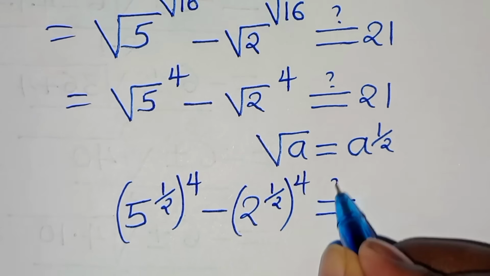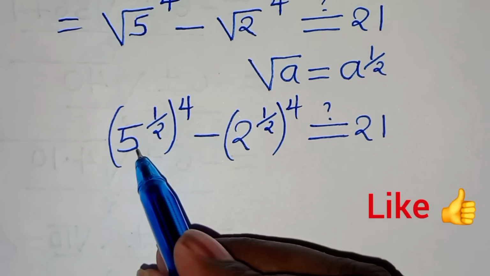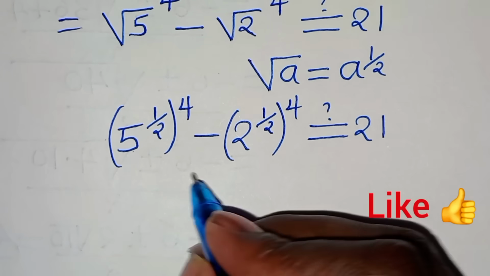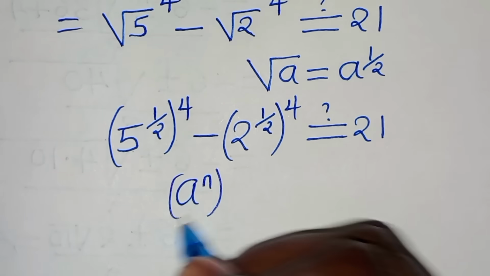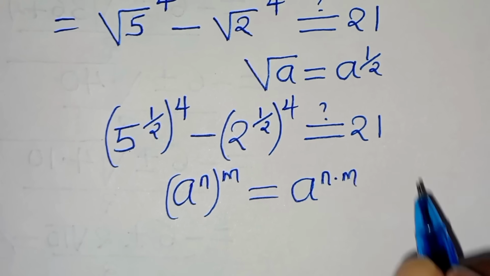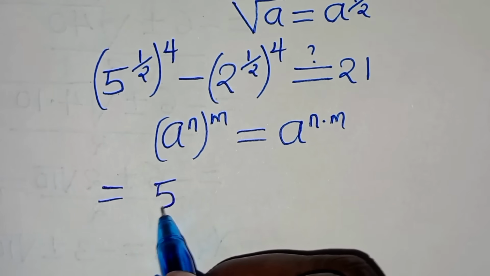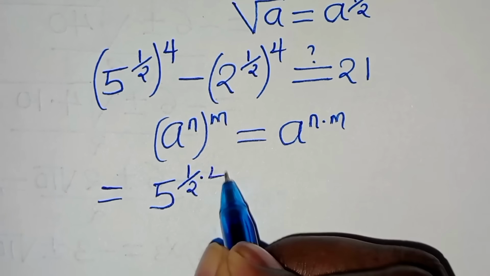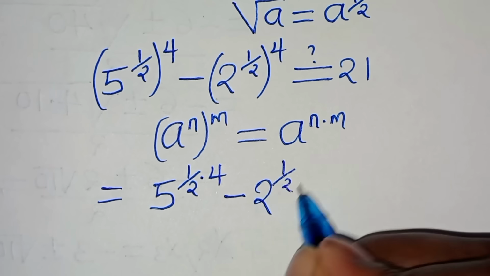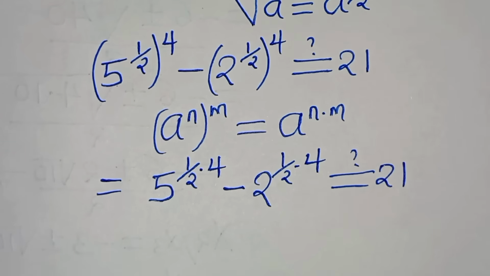This is in the form of a to the power of n raised to the power of m, which can be expressed as a to the power of n multiplied by m. And this means that we have 5 to the power of a half multiplied by 4, minus 2 to the power of a half multiplied by 4. This should give us a value of 21.